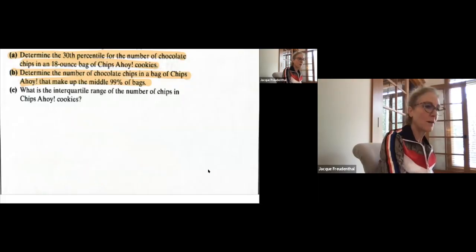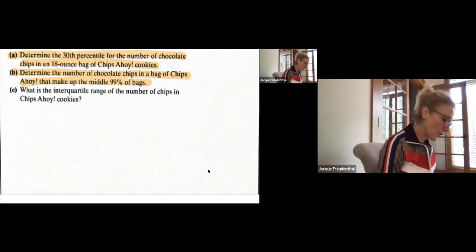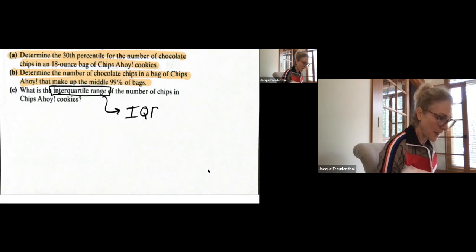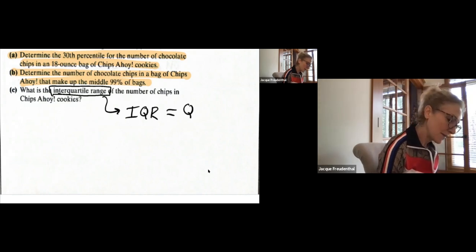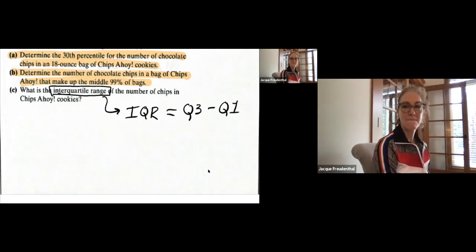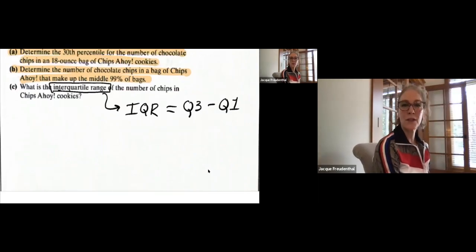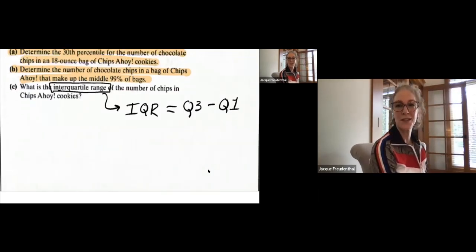Okay, so now we're trying to find the interquartile range. Interquartile range, remember, we abbreviate it with IQR, is the difference between the third quartile and the first quartile. Okay, so now I have to think about what the quartiles mean as far as percentiles.